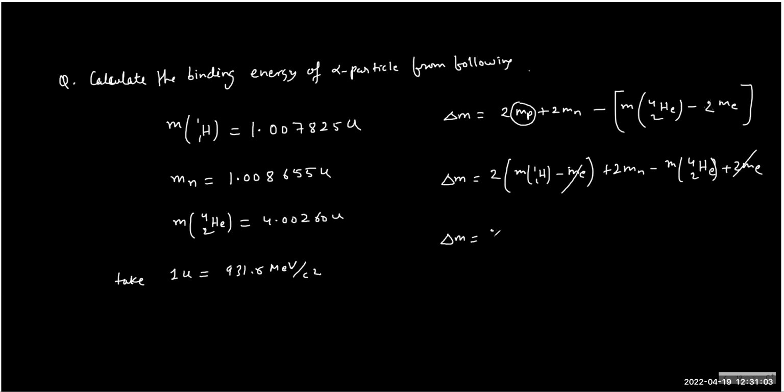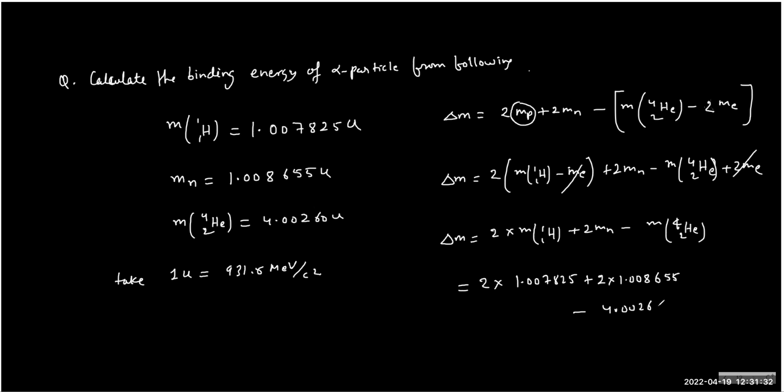So the mass defect turns out to be twice the mass of the H atom plus twice the mass of neutron minus the mass of the helium atom. Now we are adding the atom. Now let's substitute the value. So mass of the H atom is 1.007825. Twice mass of neutron is 2 times 1.008655, and this is 4.002603, and we will get a positive value. You can just check. This will be positive.